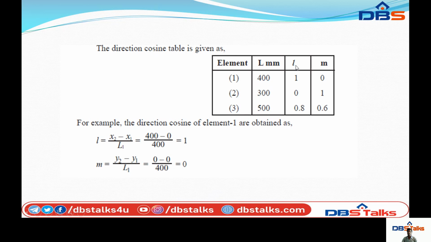In this case, I'm calculating the values. L and M are similar to C and S. In this problem, both are similar. Instead of L, you can take C, which is also correct.